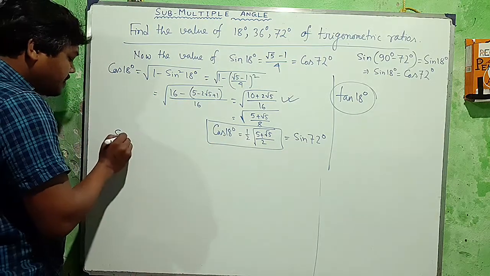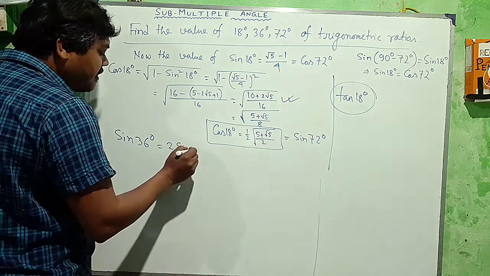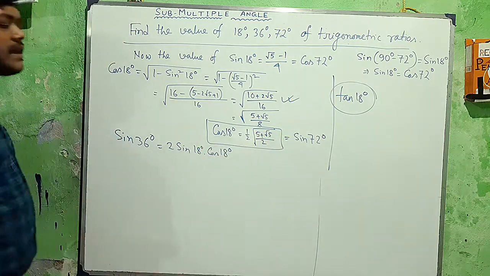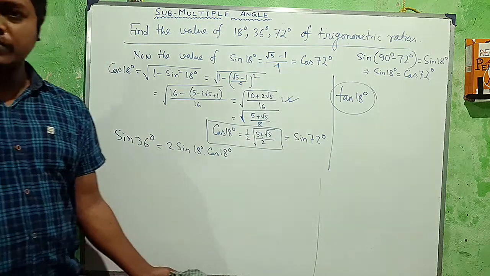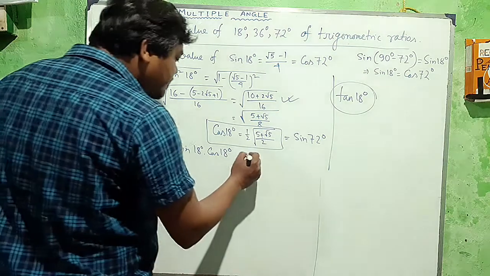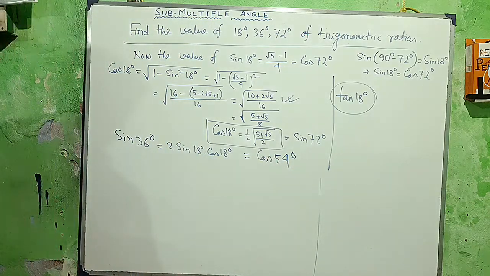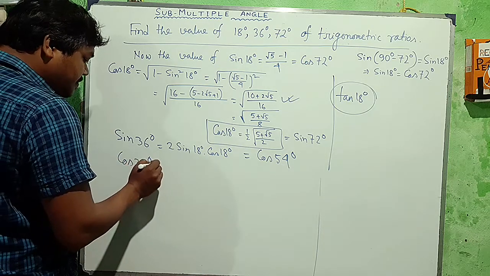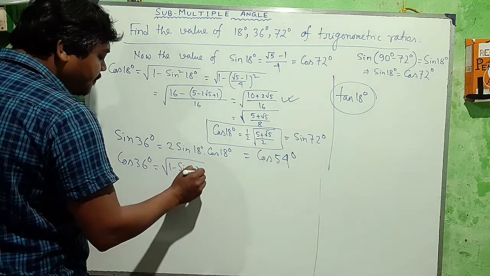So what about sin 36 degree? That is 2 sin 18 degree into cosine 18 degree. Multiply these two expressions, sin 18 degree and cosine 18 degree, and you will get sin 36 degree. And this can be written as cos 54 degree. Alright? If you know sin 36 degree, you can easily calculate cos 36 degree by root over 1 minus sin square 36 degree.